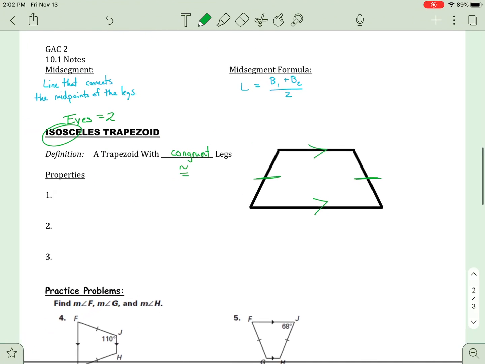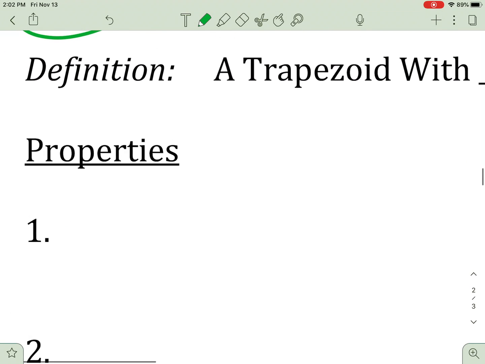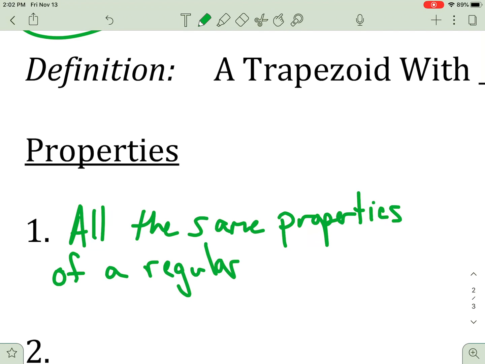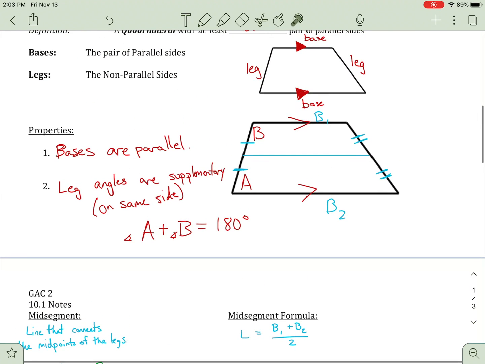But what are the properties of it? Well, an isosceles trapezoid has all the same properties that a regular trapezoid does, okay, which means, number 1, the bases are parallel, number 2, the legs are supplementary, right?